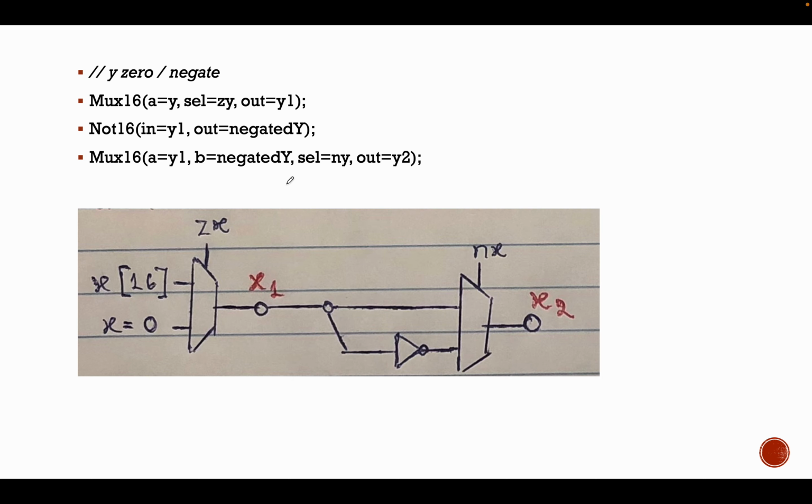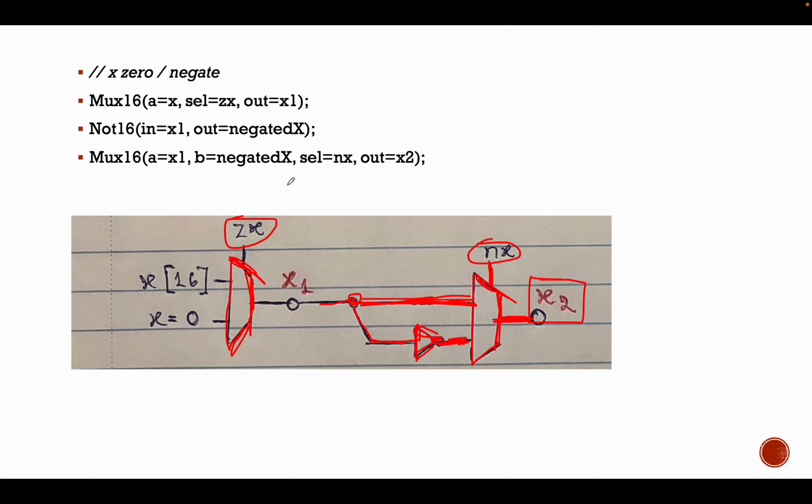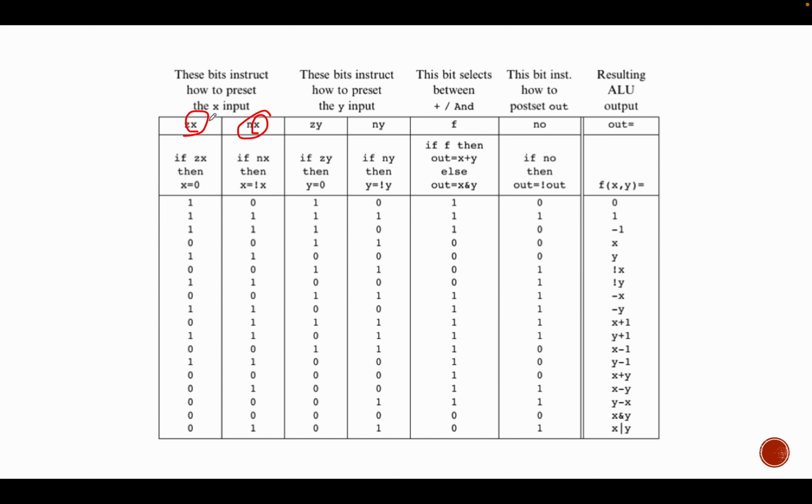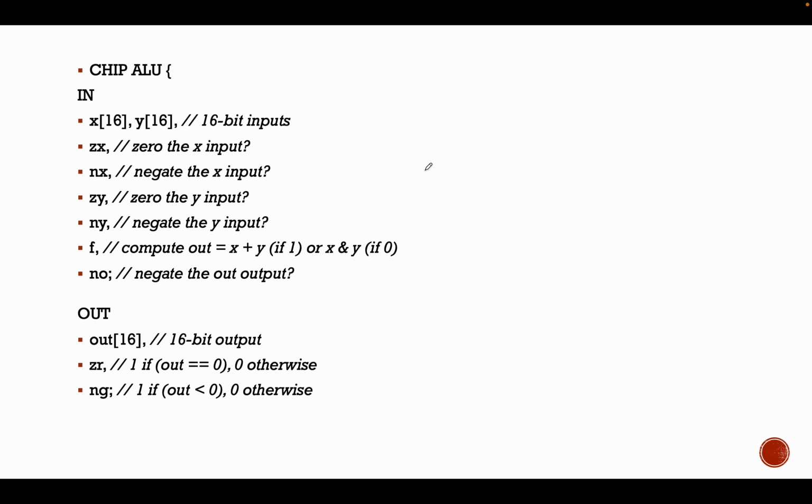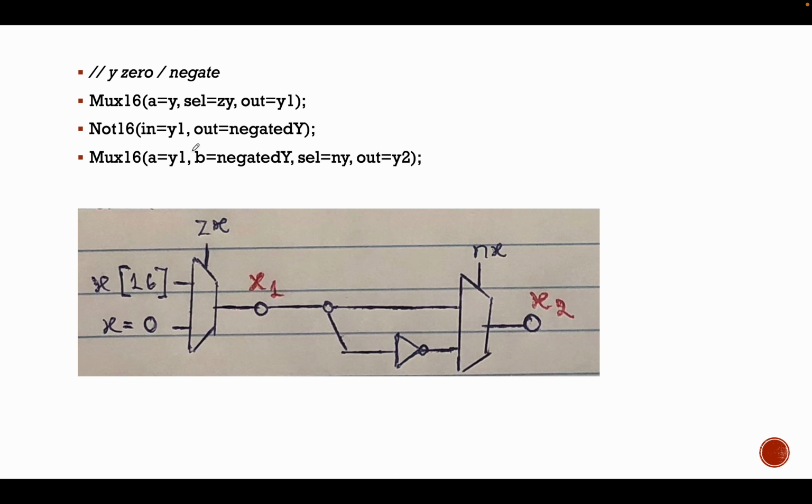So same here. Now that we've basically covered ZX and NX, we just move on to the third, which is ZY and NY. Now they're basically the same thing. We just have to change the variables.